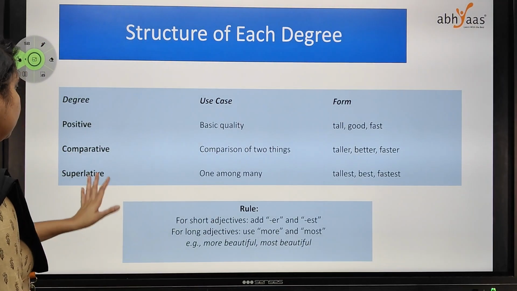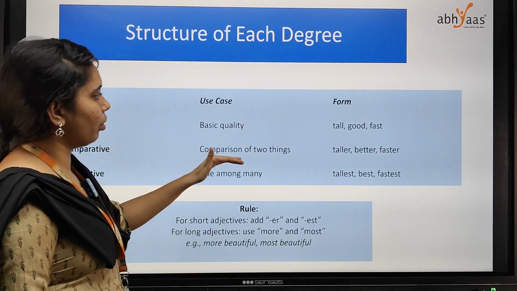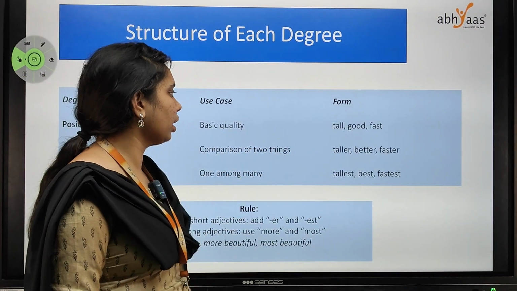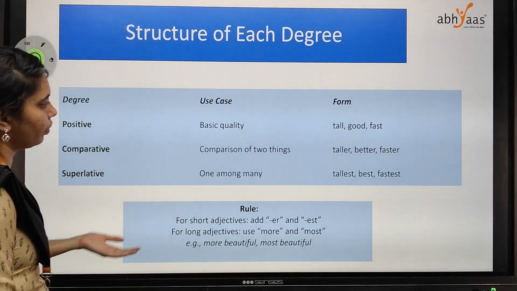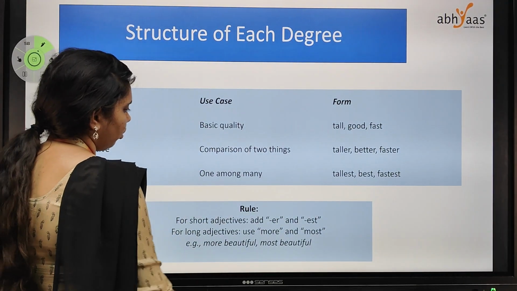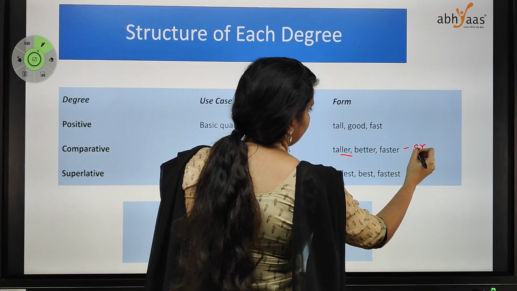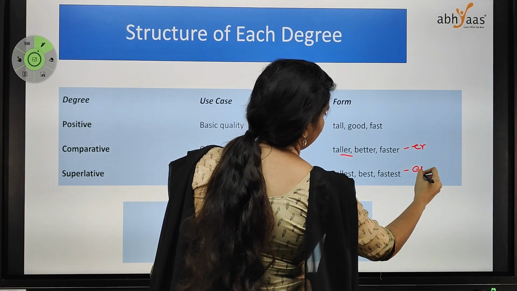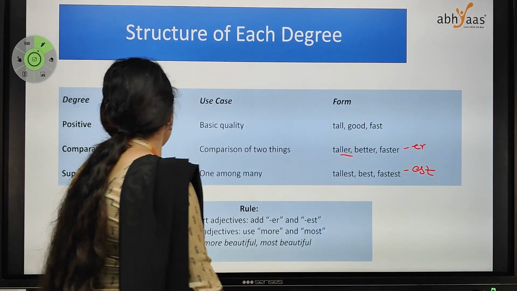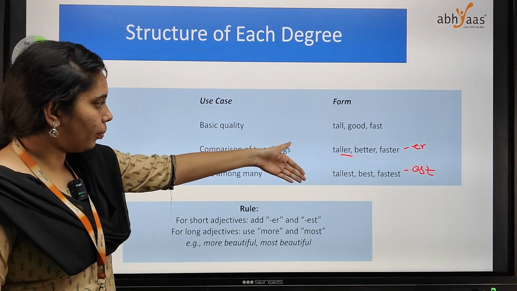Let's see the structure of each degree. Positive is the basic quality: tall, good, fast. Comparative generally has an addition of ER, whereas EST is the addition for superlative.